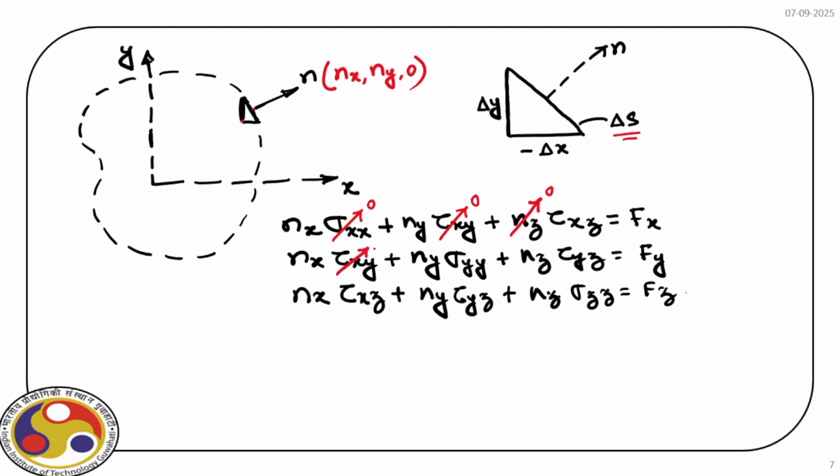Similarly, tau xy is 0, sigma yy is 0, and nz is 0. Therefore, we have fx is 0, fy is 0, which is obvious because we do not apply any force along x and y, we only apply torsion, which is along z axis.